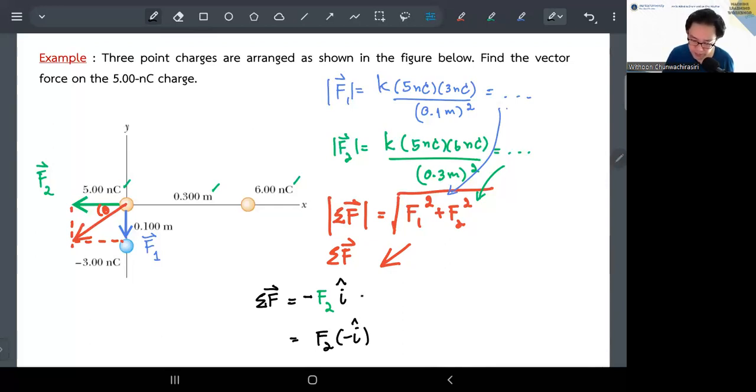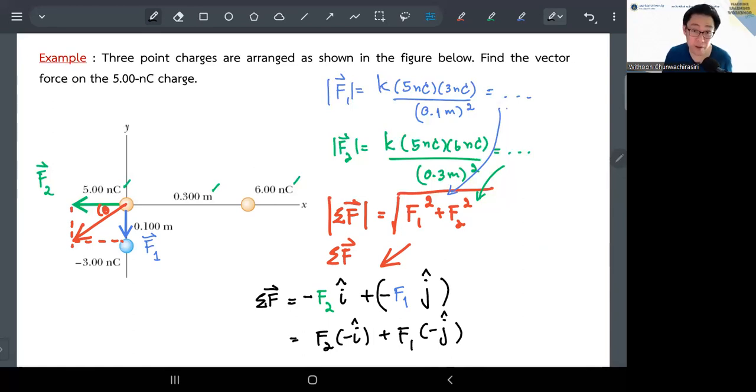And then you say plus, now you just take the F1 magnitude and it's pointing down. When you say it's pointing down, I can say it's negative j hat, or F1 negative j. And that's it. That is your answer right away. You can use the ij notation to answer the vector force.